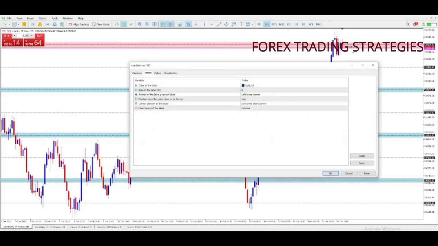Then this is the candle timer. It helps me decide whether this candle is going to close below or above. If the time is counting down and it's less than a minute and the candle seems to be stuck here, then I know that probably we want to continue going up. If it comes down and closes below as the time is running out, then you probably want to sell.